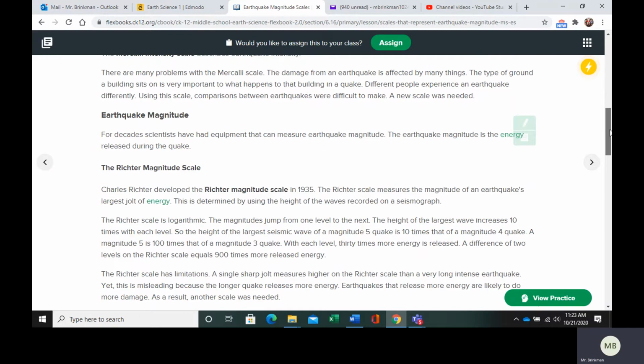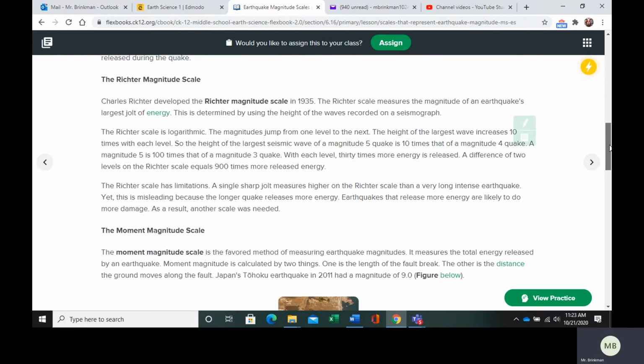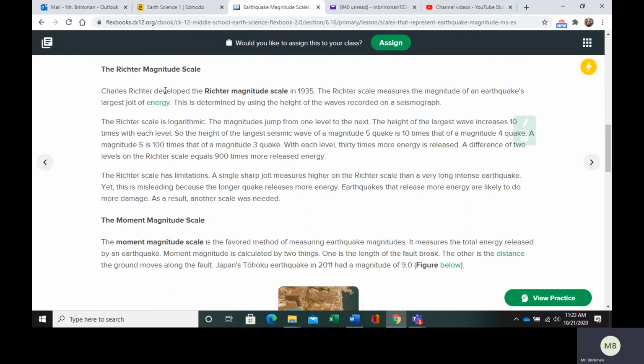So next, they measured magnitude. Charles Richter developed the Richter magnitude scale in 1935. It measures the magnitude of an earthquake's largest jolt of energy.